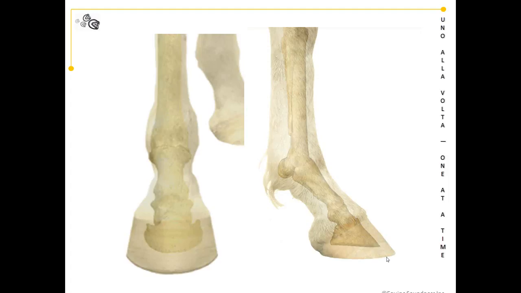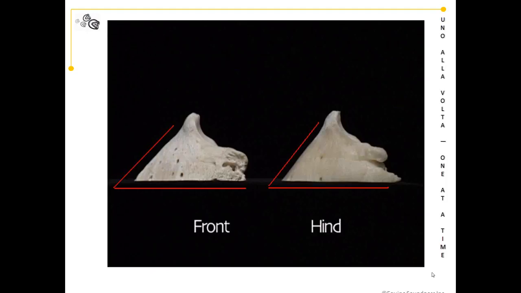We also want to talk a little bit about terminology so that we all talk the same terms. This is a picture that you have seen before in the anatomy lesson about the coffin bone.